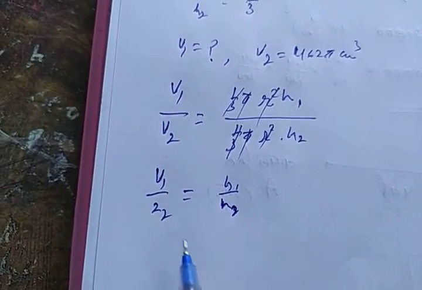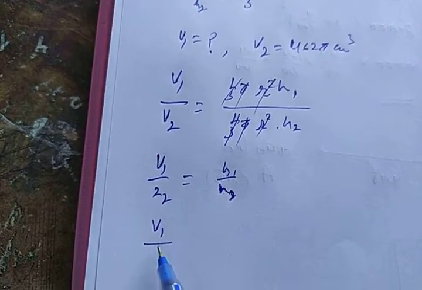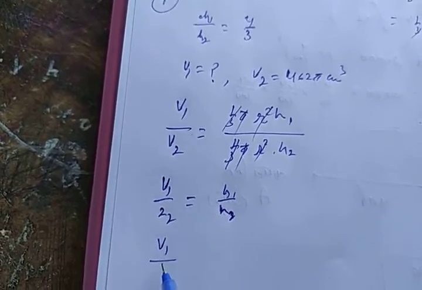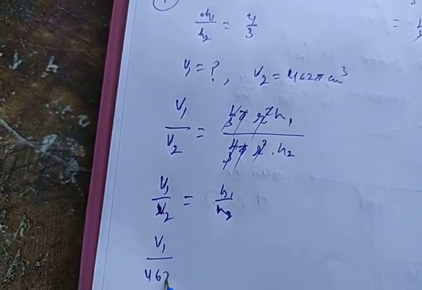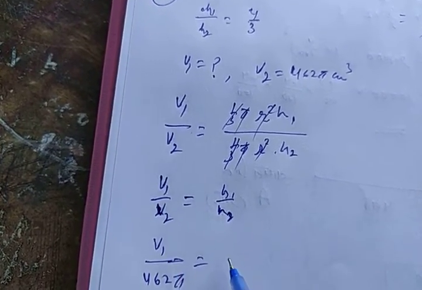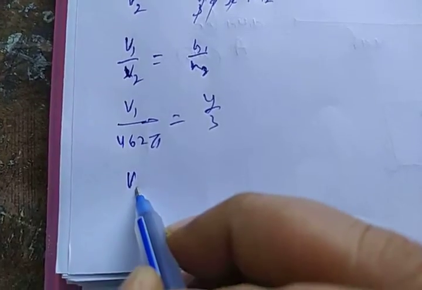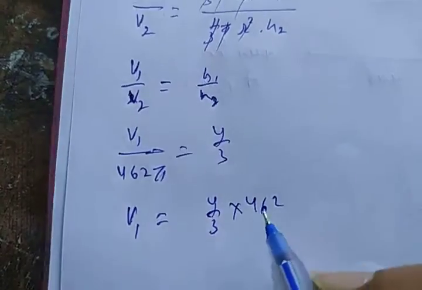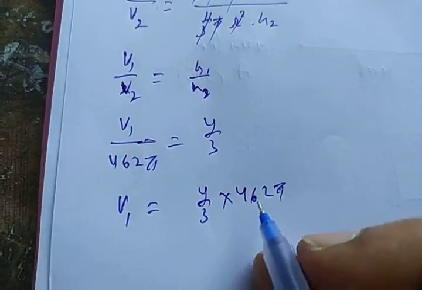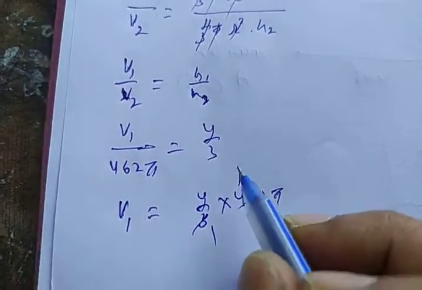Now V2 has been given. V1 is the bigger cone, and what is the value of V2? It is given 462 pi. V1 upon V2 is equal to h1 upon h2, which is 4 upon 3. Now V1 is equal to 4 upon 3 into 462 pi. Now simplify this, it will be cancelled, I think.